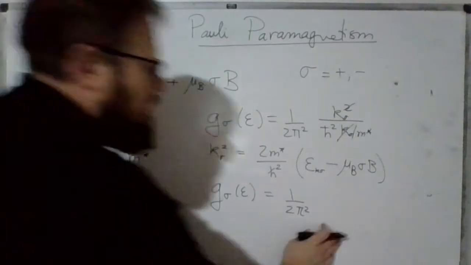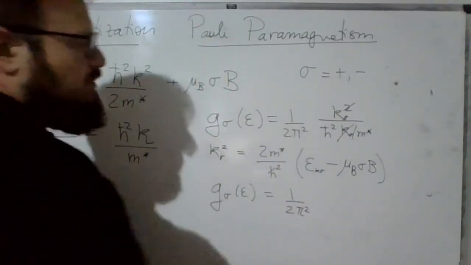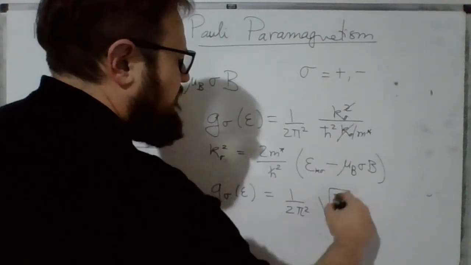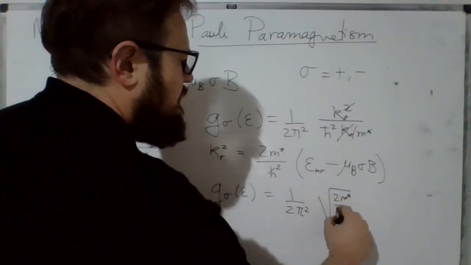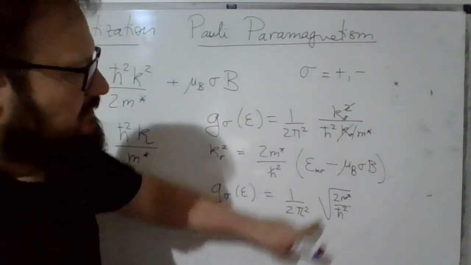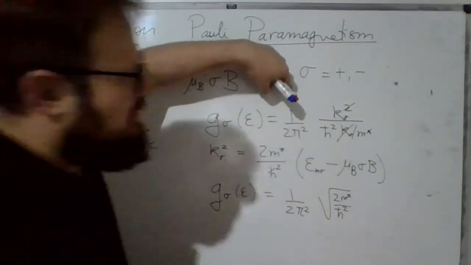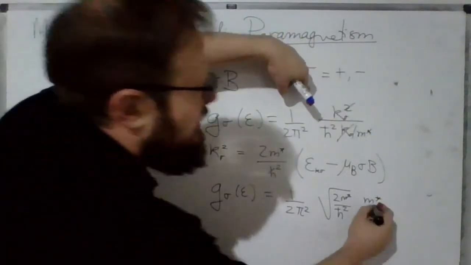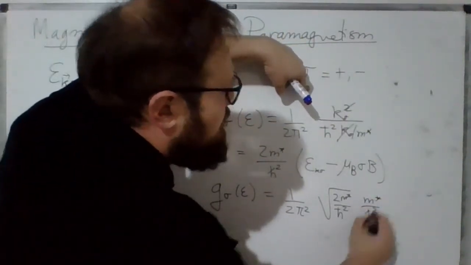Okay, so 1 over 2 pi squared, the square root of twice the mass over h bar squared, but here we have inverting that factor m divided by h bar squared.